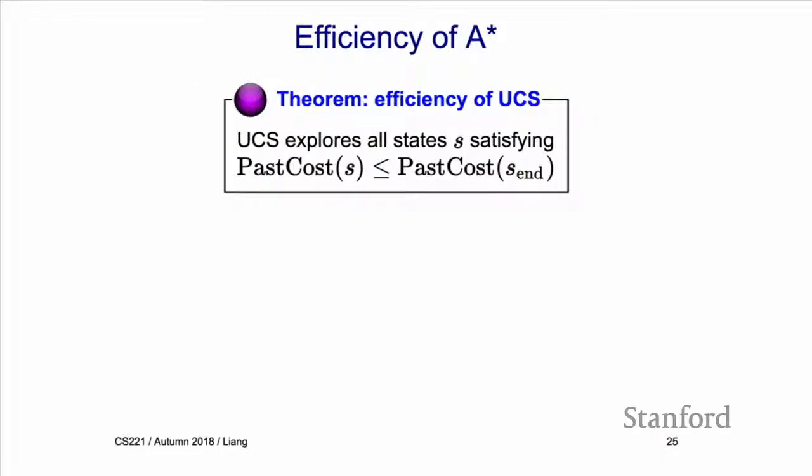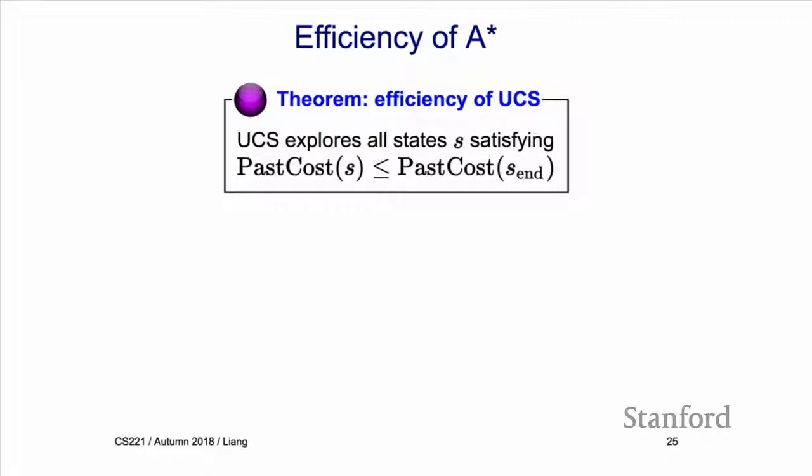Now let's talk about efficiency. I think efficiency is a little bit more interesting. So efficiency in terms of these search algorithms is all about how many states you explore before you find a solution and terminate. So in UCS, because we're exploring according to the cost it takes to reach a state, that's the past cost, we will explore every state that costs less than the end state, right?